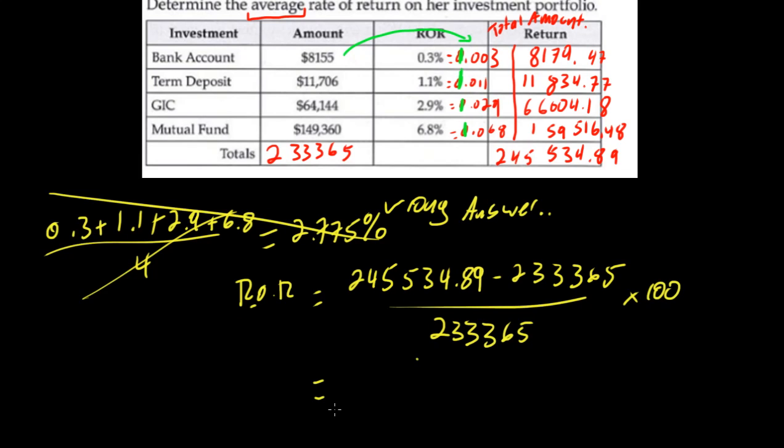So let's see what this is actually going to be. In our calculator it is 245,534.89. We're going to minus 233,365, and we're going to divide that by 233,365, and we're going to multiply that by 100. So we see here that her actual rate of return over everything is going to be 2.51%.